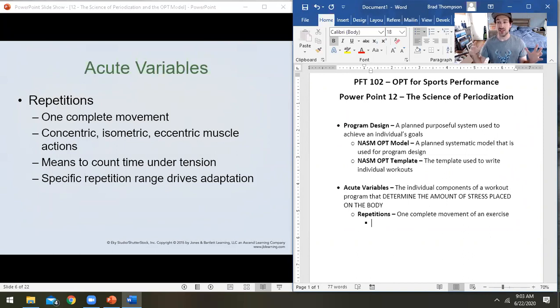Because of that, it causes the most inflammation, because it's high level stress, although not maximal levels of stress. It's a high number of repetitions, but certainly not a maximal number. So it creates lots of inflammation, and that inflammation drives cellular growth. That's why hypertrophy is the way it is.